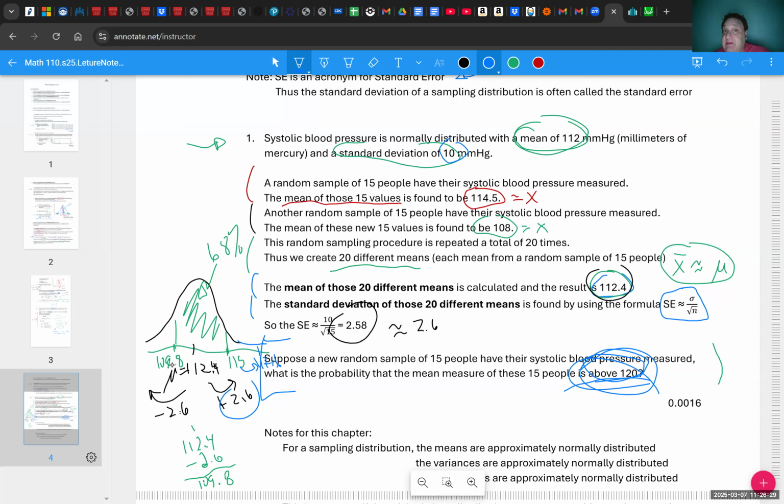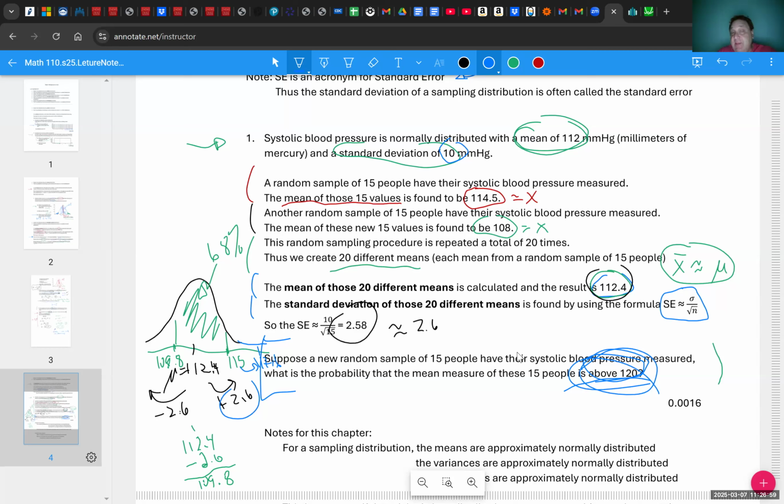That's the big difference with a sampling distribution, is that your standard deviation is much, much smaller, which means your data is much more grouped together near the mean, which means calculations like this above 120 are going to have a much smaller percentage. And that's because we're averaging 15 people together. When you average a bunch of people together, the highs and lows kind of balance each other out, and you get answers that are much closer to the mean.